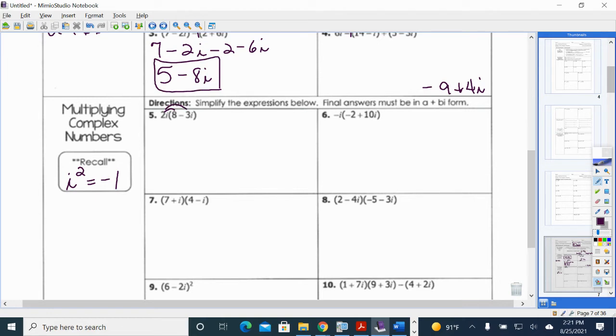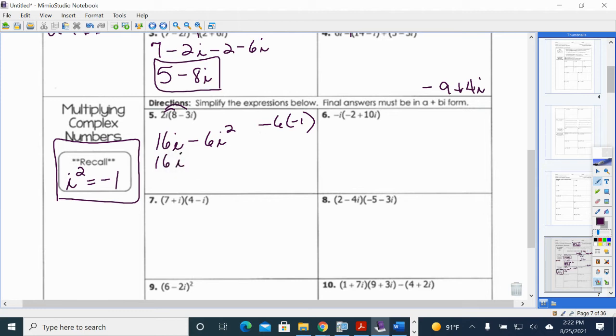Distributing on number 5, 2i times 8 is 16i. And then 2i times negative 3i is going to be a negative 6i squared. And again, as soon as you see an i squared, you need to remember that that's equal to negative 1. So what is negative 6 times negative 1? Well, that's a positive 6.